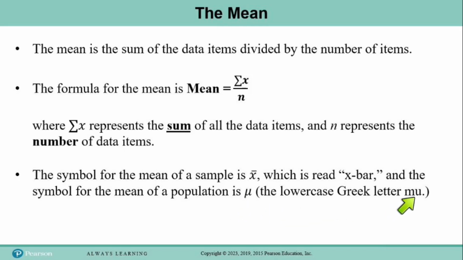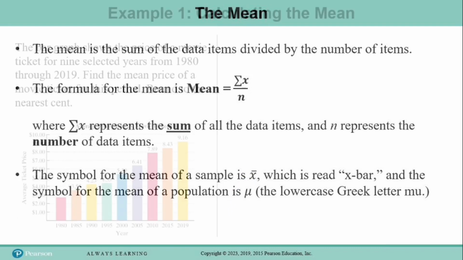It's actually pronounced mu, and this is used to represent the mean of a population, and this x bar symbol is used to represent the mean of a sample. Now, they're both calculated using this formula, but it just depends on whether our numbers represent a sample or represent the population as to which symbol we use.